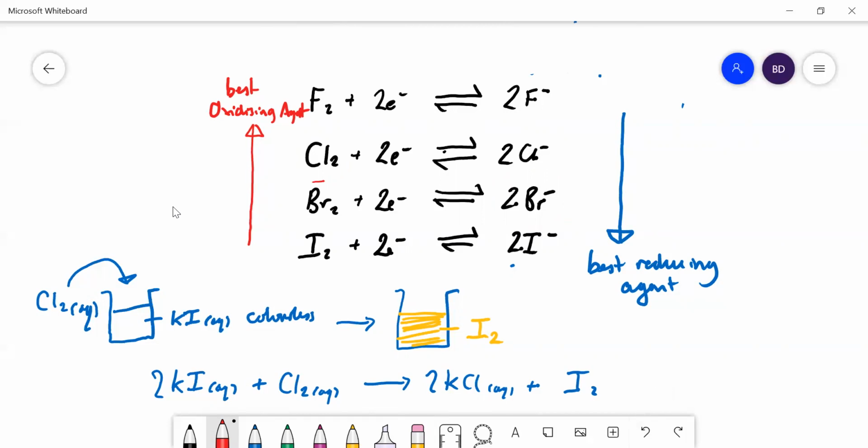But this idea of thinking about these as oxidizing agents here, and these as reducing agents is quite useful. Incidentally, you would never do displacement reactions with fluorine, because you can have chlorine water, you can have bromine water, and you can have iodine dissolved in water.